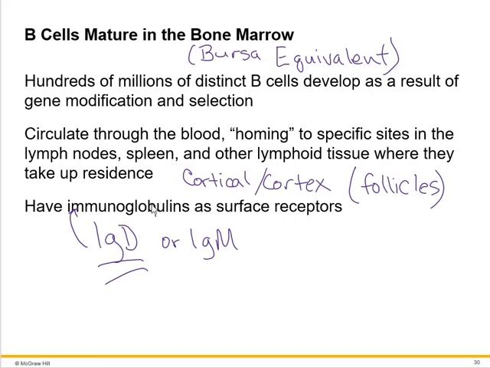So Ig stands for immunoglobulin, and then D is like the Greek letter delta, and M is the Greek letter mu. And so there's specific genes that will be turned on when it's time, and they'll create these different varieties, or classes of antibodies. And this particular one is pretty much only found on the surface, it's not secreted.